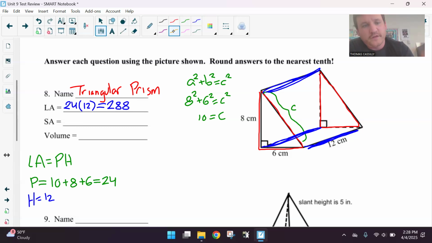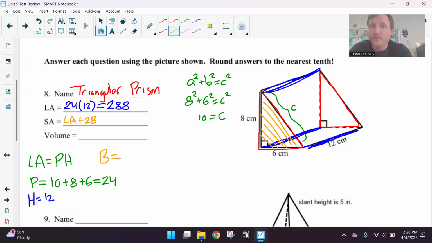All right, now the surface area is the lateral area plus the two bases. We have not found the area of those bases yet. Capital B is the area of the base. If you look at this one, I mentioned it before, the base is a triangle. We need to find the area of that triangle. So I'm going to say capital B equals this whole unit. We had to be careful because we had capital letters and lowercase letters, and they meant two different things. So capital B is an area.